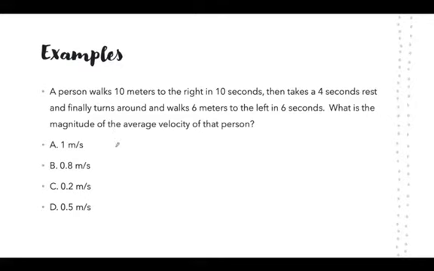All right, welcome back. So let's look at this problem. To find average velocity, we need to know two things. We need to know the change in position and the time it took to change that position. So this person walked 10 meters to the right and then turned around and walked 6 meters to the left.